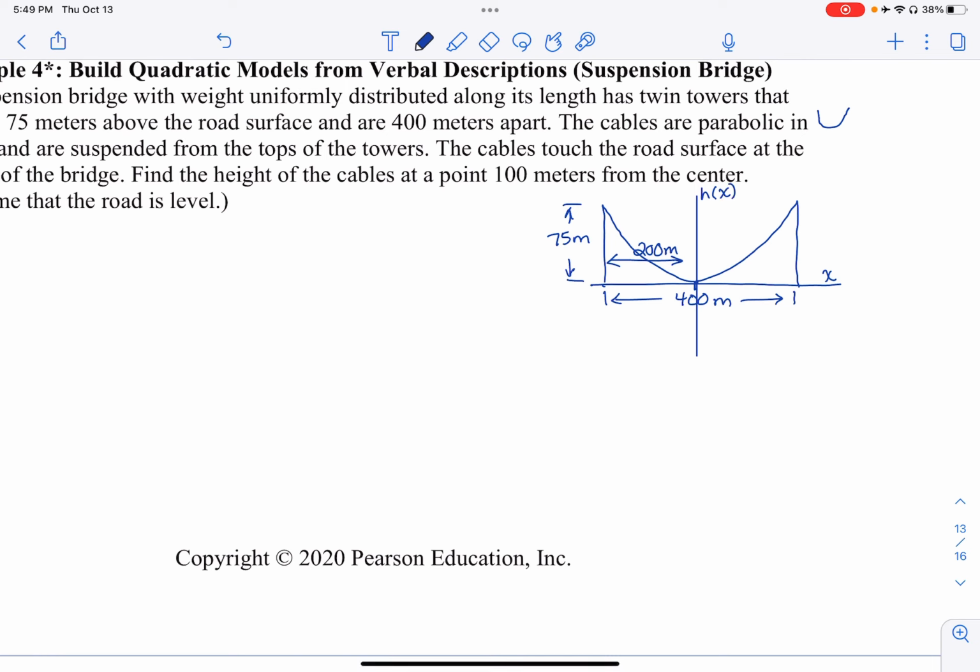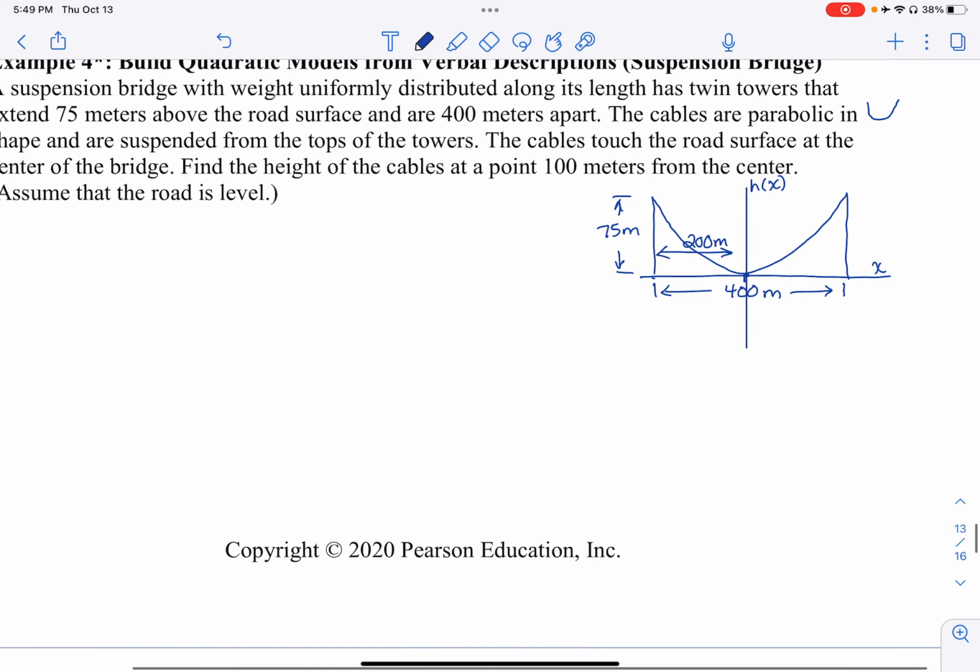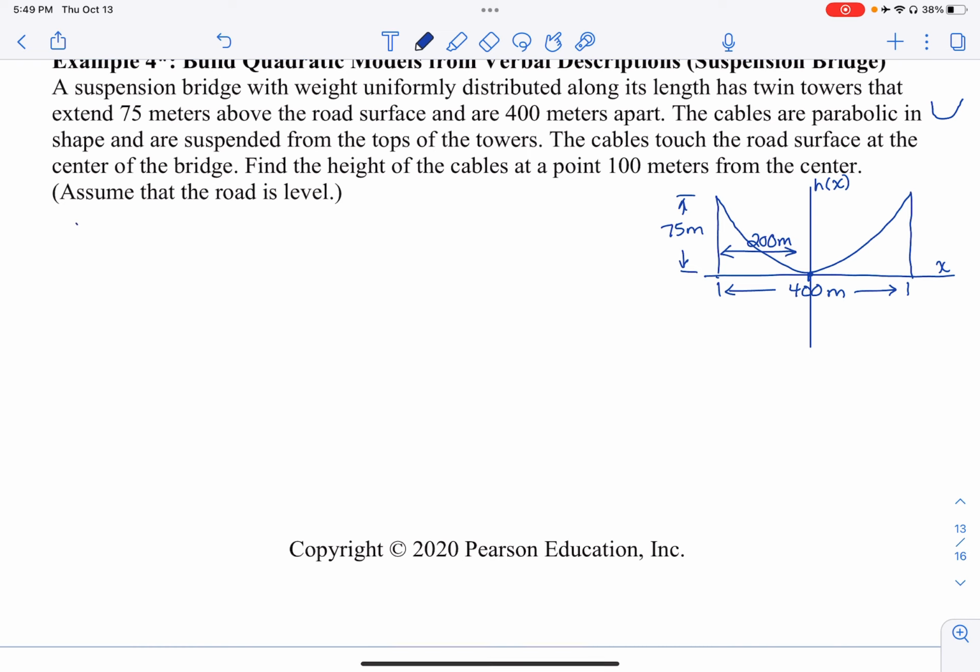Our origin is going to be right here in the center because it's a nice 0, 0 point. So we have a vertex at 0, 0, which is also equal to h, k.